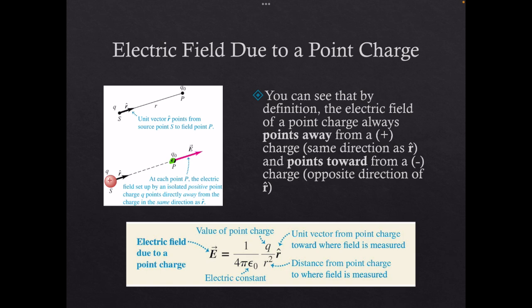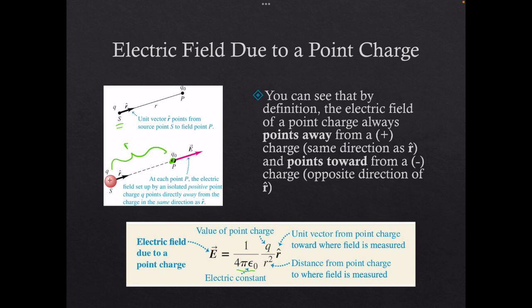The field value is given by 1 over 4 pi epsilon naught, times the value of the point charge creating the field, divided by r squared. What's r? r is the distance from the charge creating the field to the place where we want to know the field.